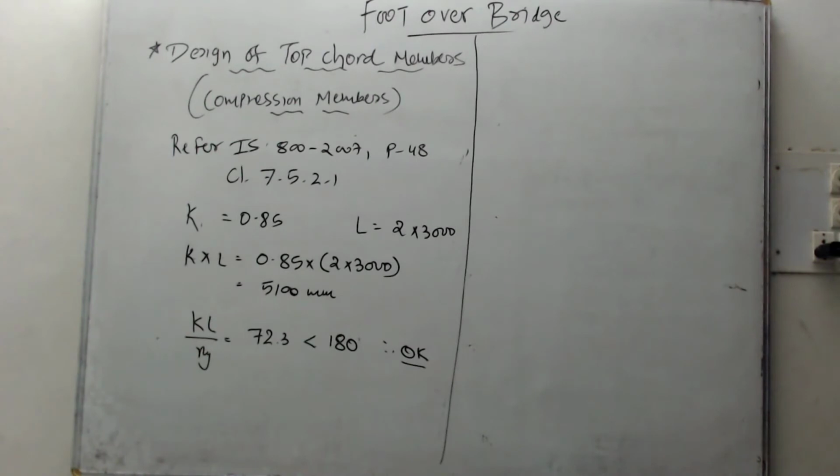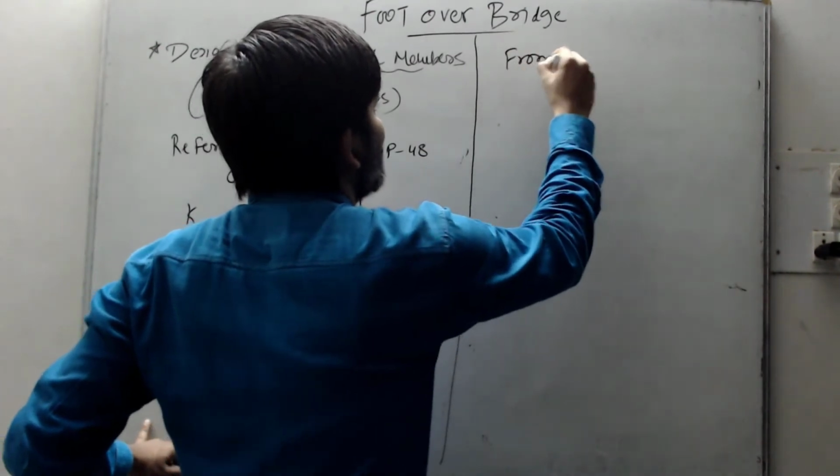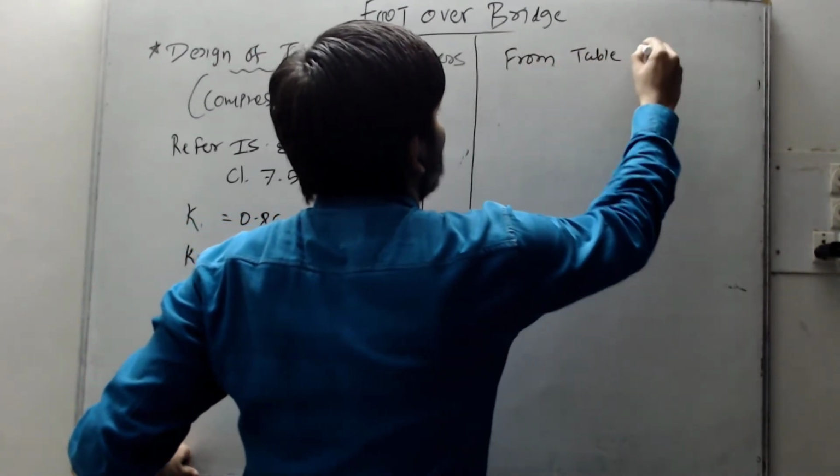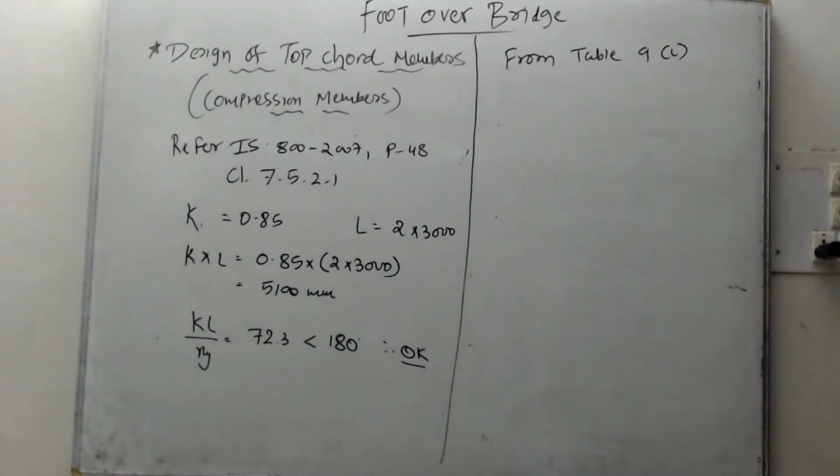So for KL upon r 72.3, we need to again go to page number 32, and again we need to see table number 9C, that we have seen in the previous step.